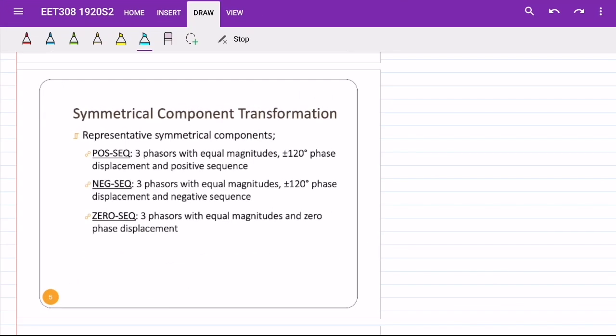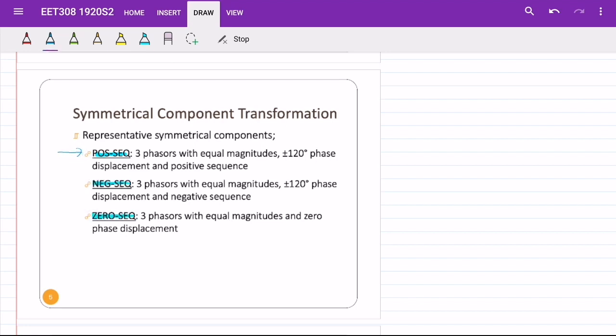In the symmetrical component transformation, there are three different sequences that are used to represent symmetrical components, which are positive sequence, negative sequence, and zero sequence.